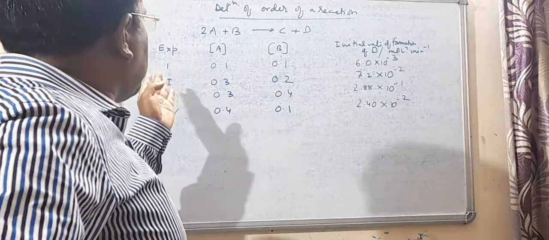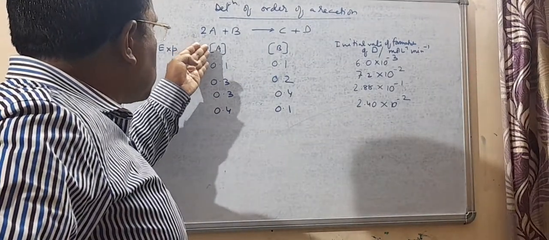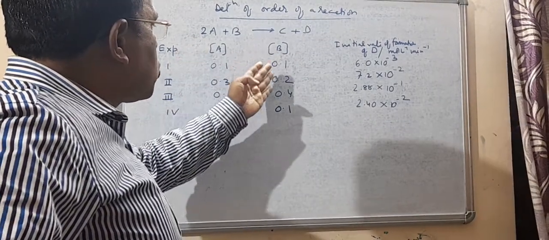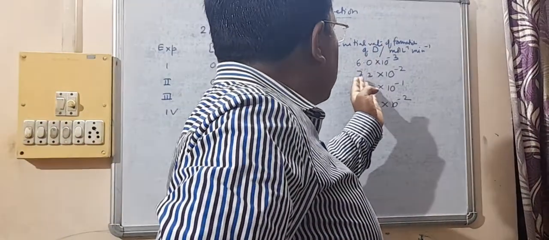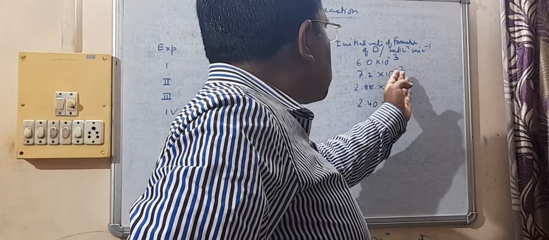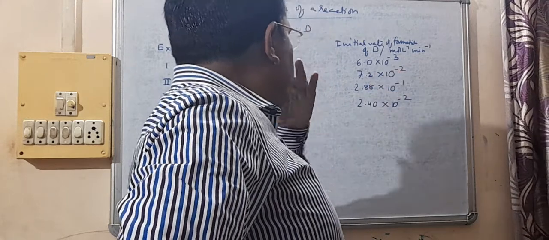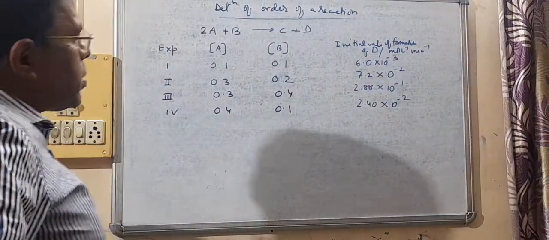Similarly, in experiment number 2, concentration of A is 0.3, concentration of B is 0.2, and initial rate of formation of D is 7.2 into 10 to the power minus 2 moles per liter per minute. Like that, these 4 experiments are there.